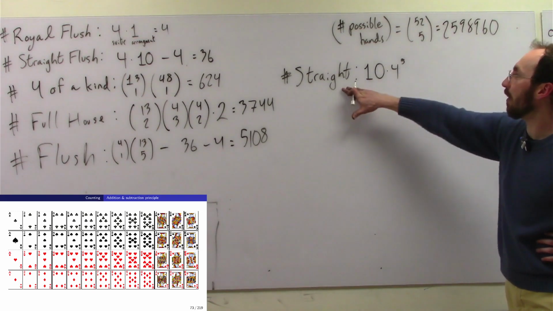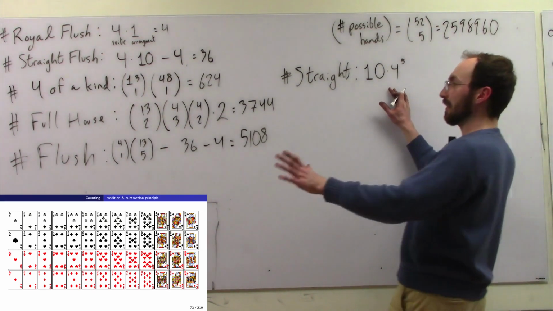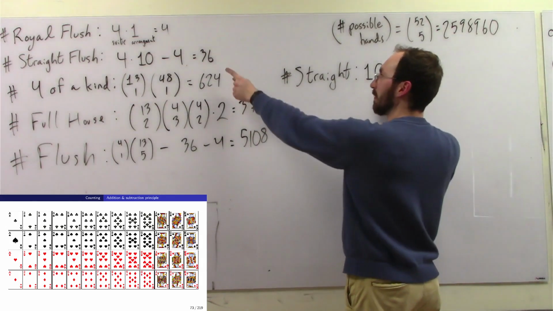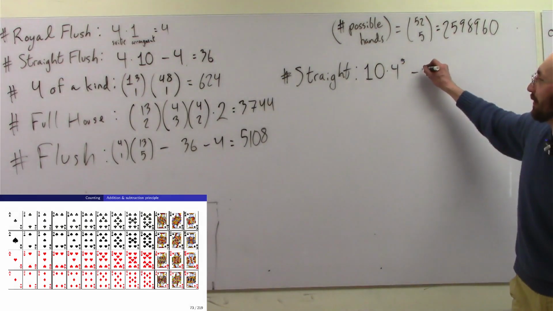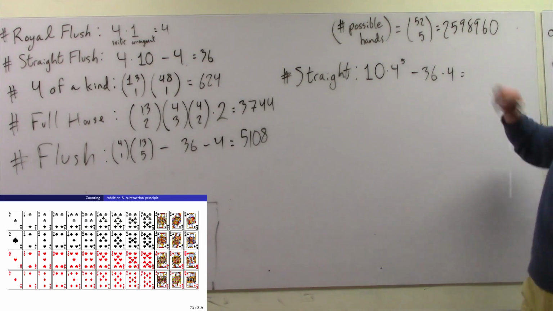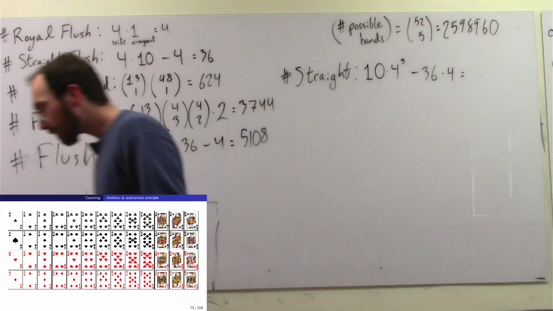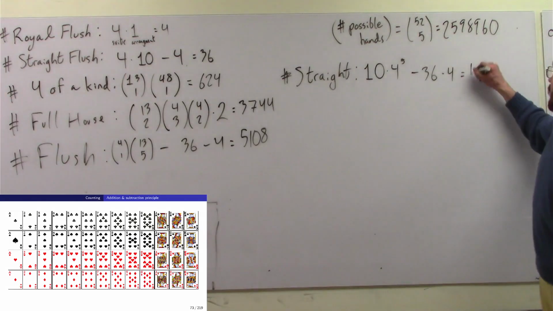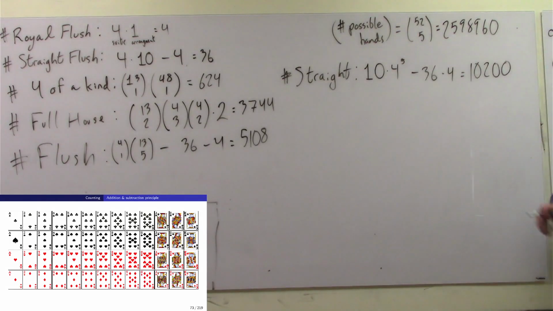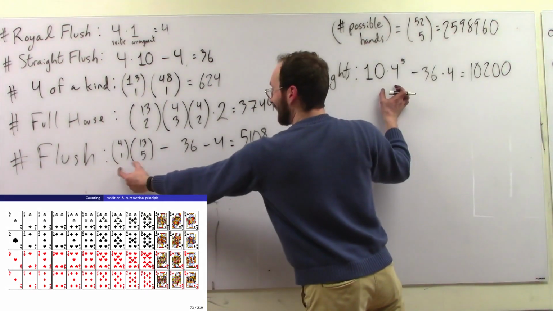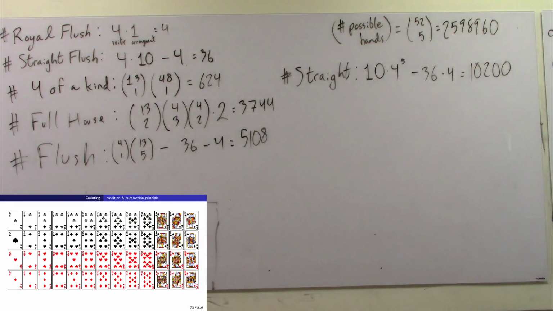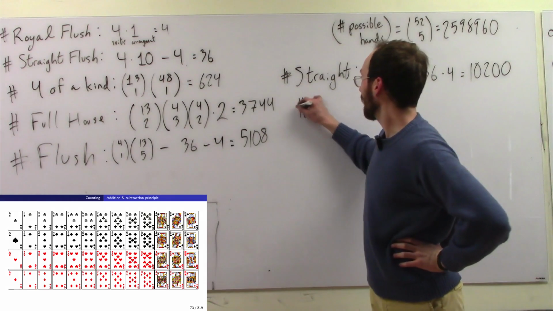That gets us all of our straights plus all of the bad ones. Or wait, just these. Cool. Perfect. Which is going to be 10,200. Wonderful. Which is kind of fun. That's telling you that this one, these two quantities, that one's practically double. Very cool. What do we have next?